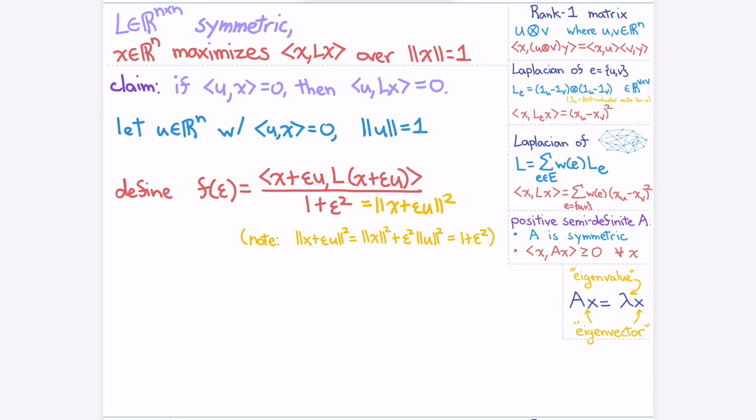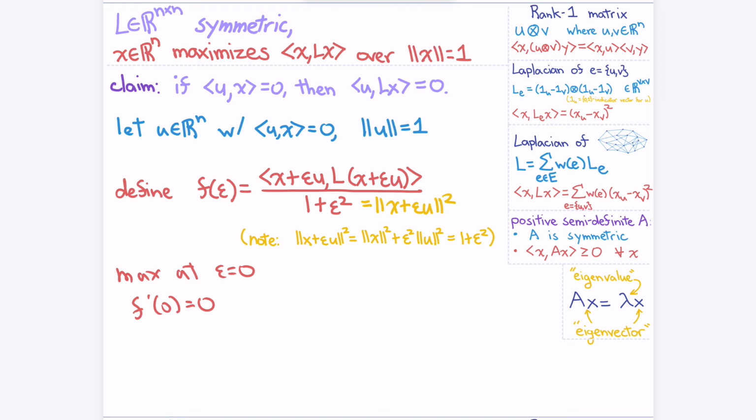Epsilon equal to 0, because that gets you back to the original. So this is maximized at epsilon equal to 0. Which means that f prime of epsilon at 0 is equal to 0. Sorry, f of 0 is 0.